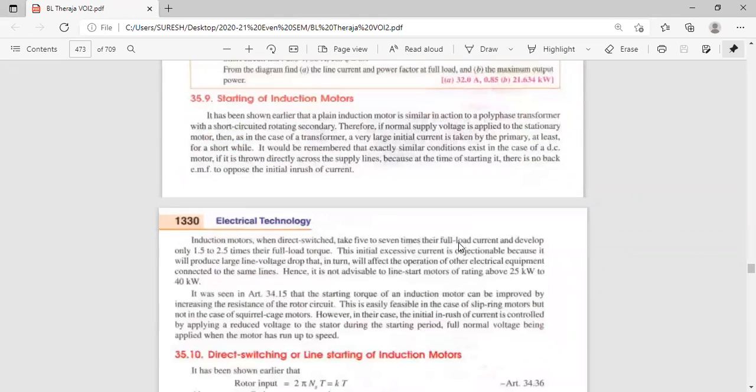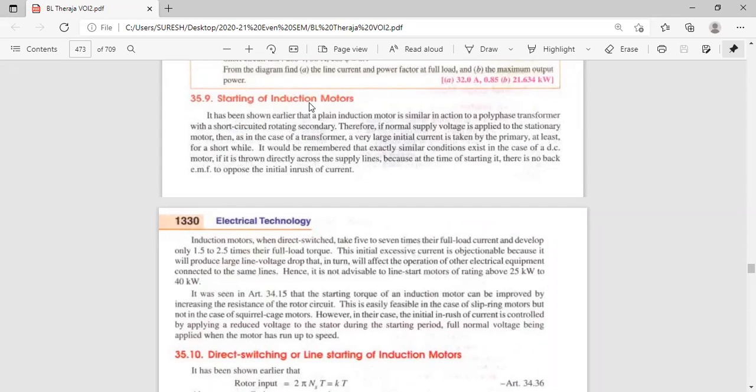What is the topic we are discussing in the last class? Is this the topic? Yes, starting of induction motors.